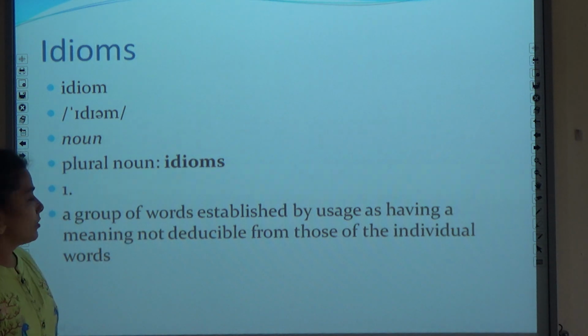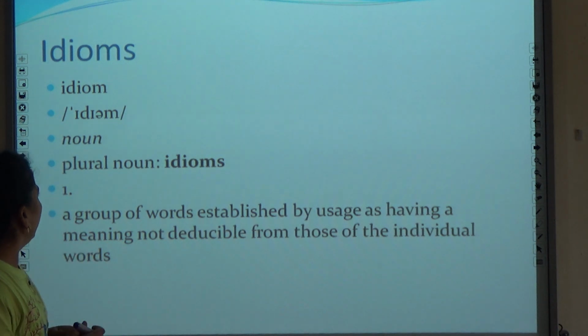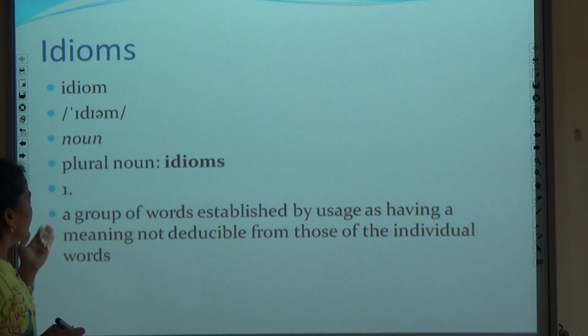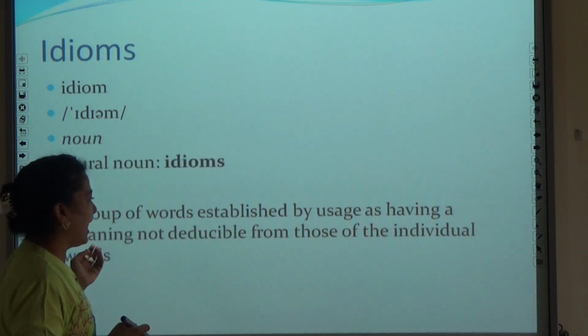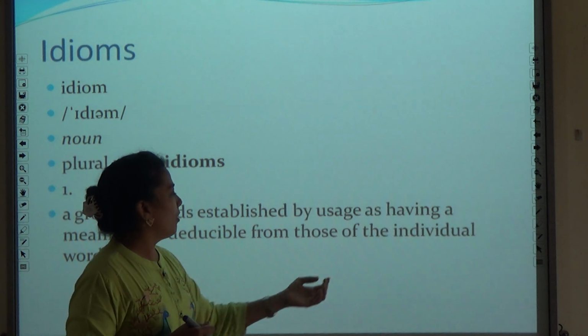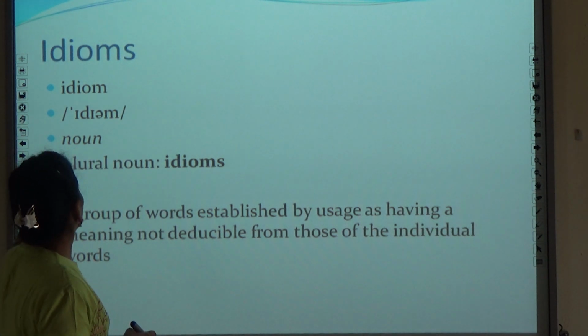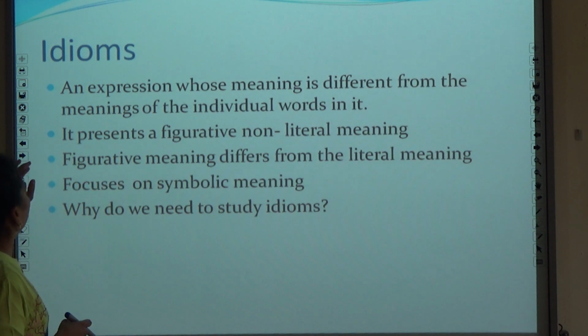Okay, so what exactly does idiom mean? Now idiom is a group of words established by usage as having a meaning not deducible from those of the individual words. This one is quite a complicated definition. So let's go for the easy one.